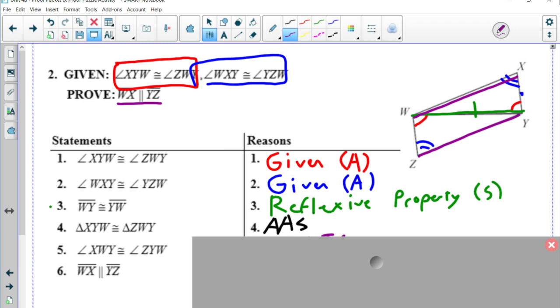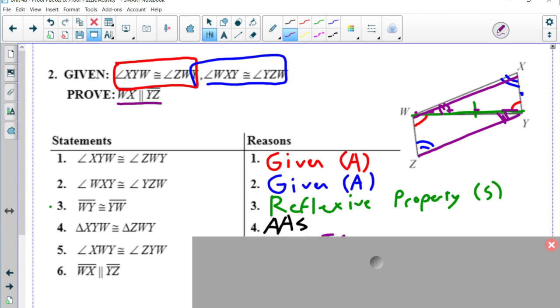So in order to get those congruent, let's use the transversal that slices through them. So we want to get that pair of angles here marked the same. Well, luckily, we have the triangles congruent, so we know those are going to be the same. That's what it means for triangles to be congruent.